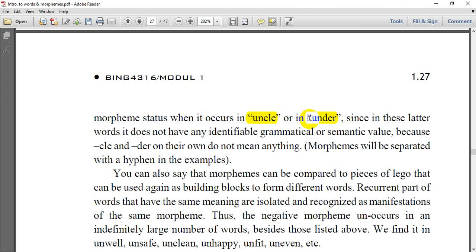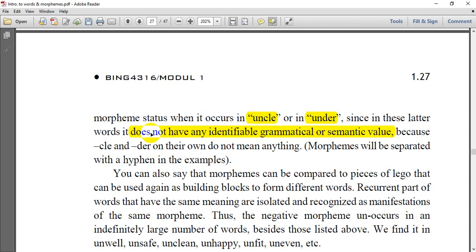Cle and der, or cell and tear, can't stand alone and don't mean anything without meaning, so they are basic. In uncle and under, un doesn't have any identifiable grammatical or semantic value.